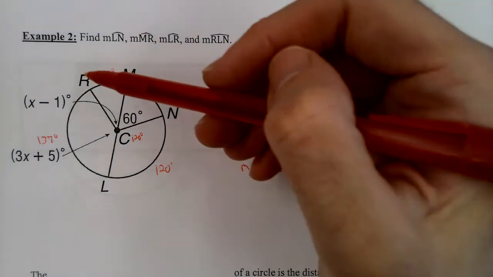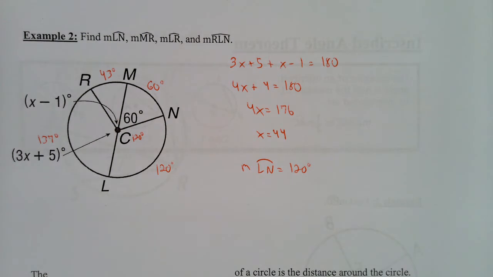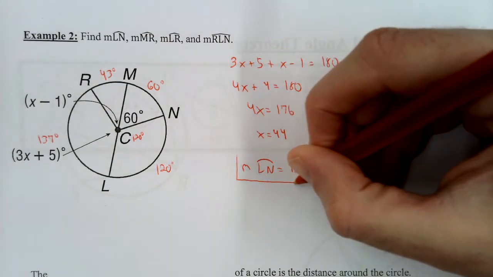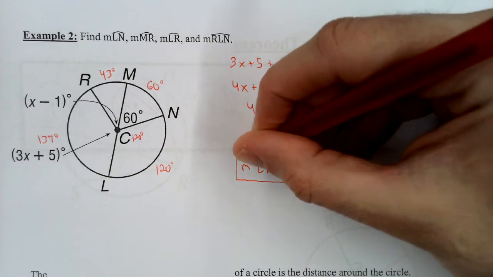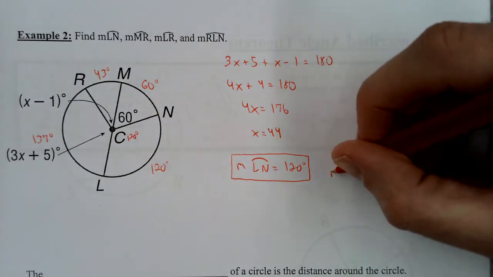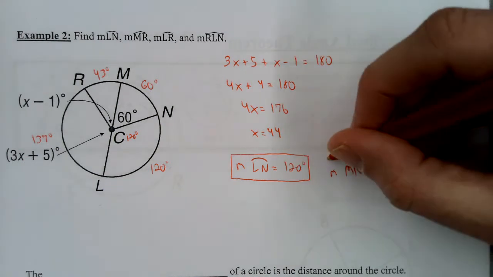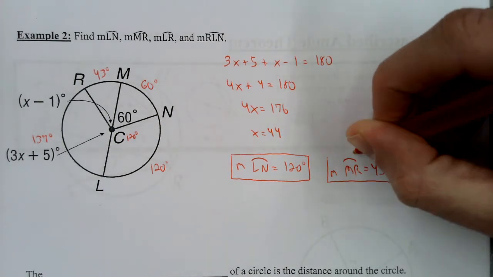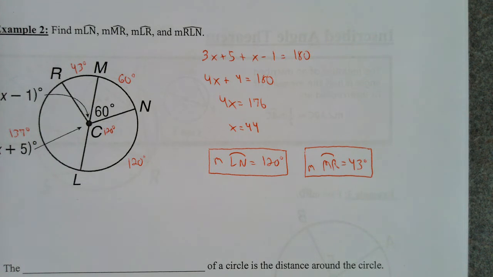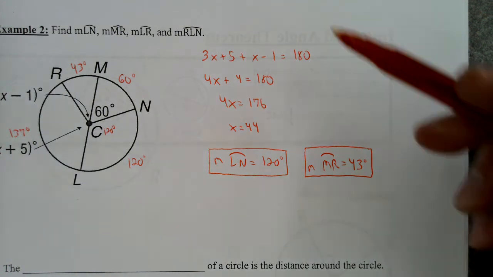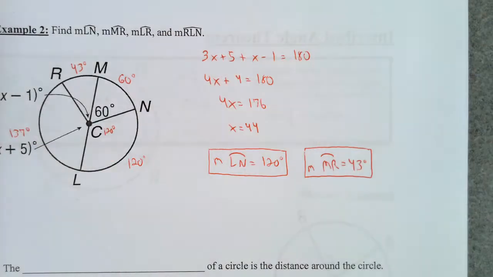The measure of arc MR equals 43. The measure of arc LR equals 137.